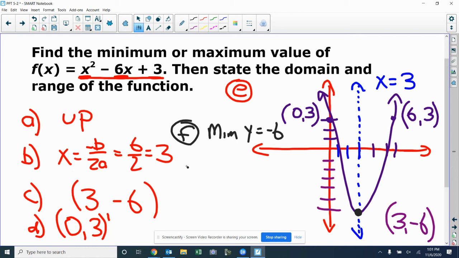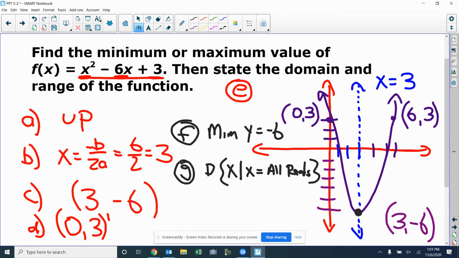We also added what? Letter G, which is domain and range. Domain x such that x equals what? All reals. You can write that in many different ways. You can say element of the reals, which is a little quicker, what your book did.